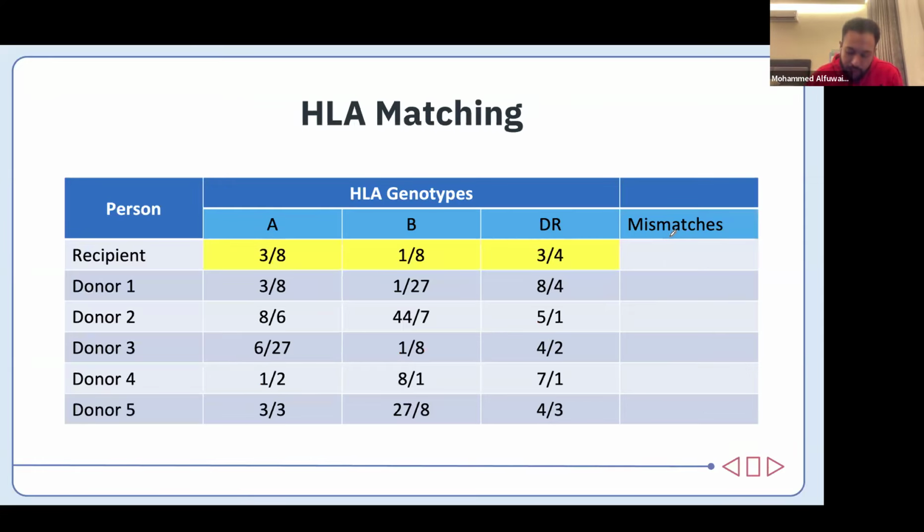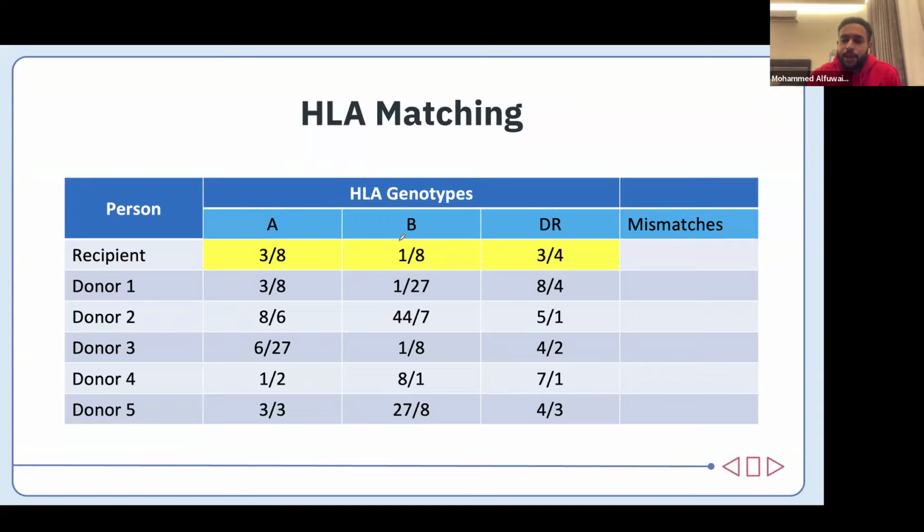Now, when you are donating, you need to do some HLA matching. What does this mean? With HLA, you have 2 classes. You have class 1, class 2. Now, class 1, you have A, B, and C. Class 2 is DR, DP, and DQ. Right? Each of these will have 2 alleles. So A, for example, has allele 1 and allele 2. So each class will have 6 alleles.